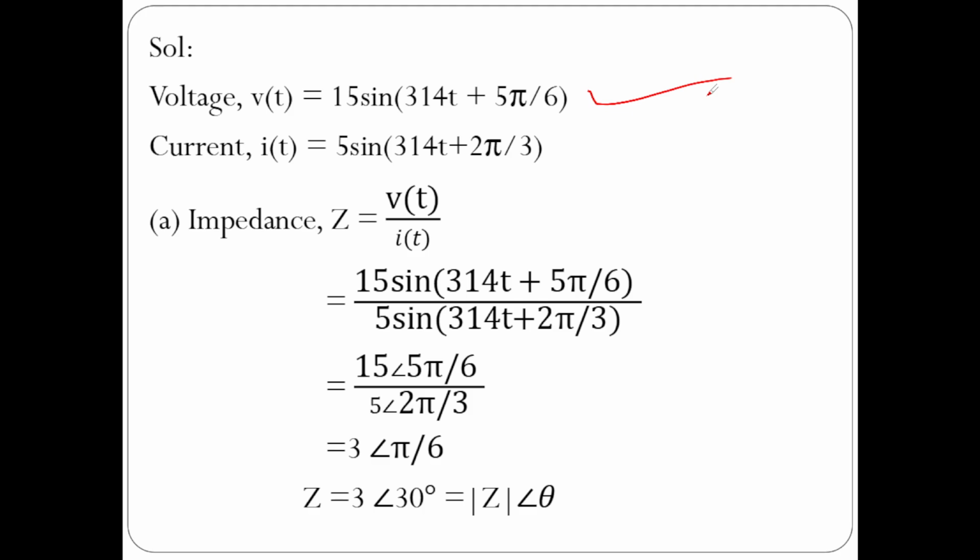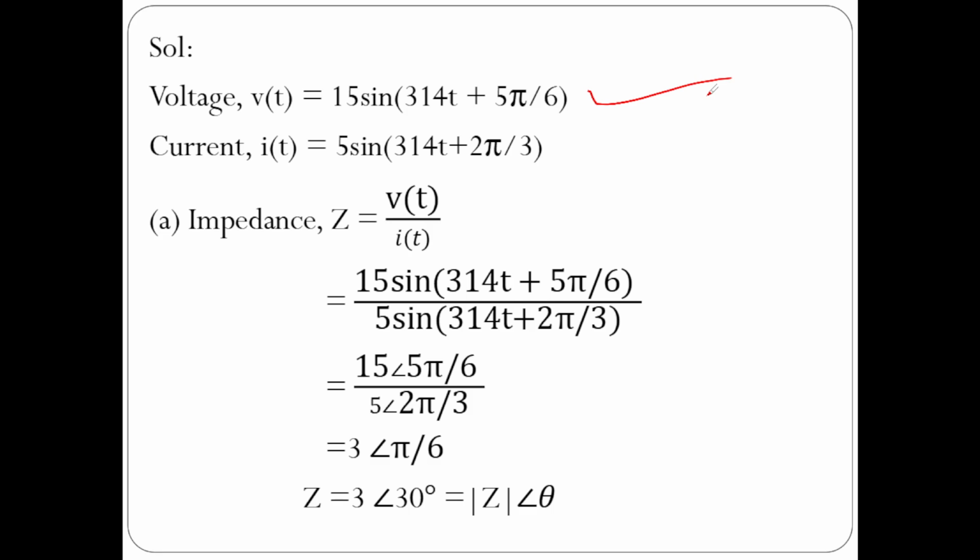So what is the impedance of the circuit? Voltage by current. This is our voltage, this is our current equation. This is the magnitude, this is the magnitude, so 15 by 5. You can rewrite this whole term as 15 at an angle of 5 pi by 6, and the denominator as 5 at an angle of 2 pi by 3.